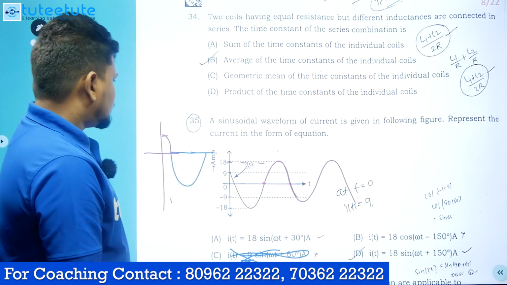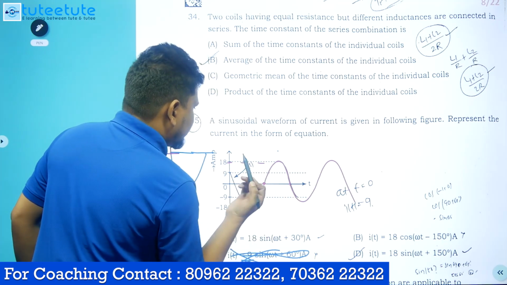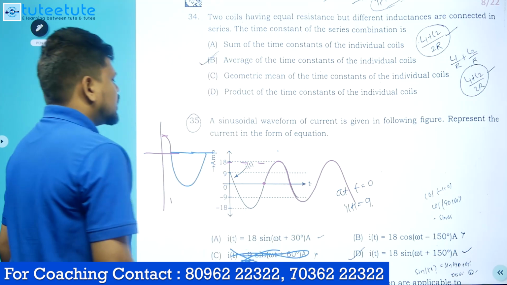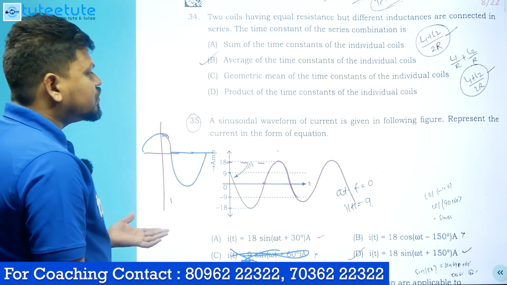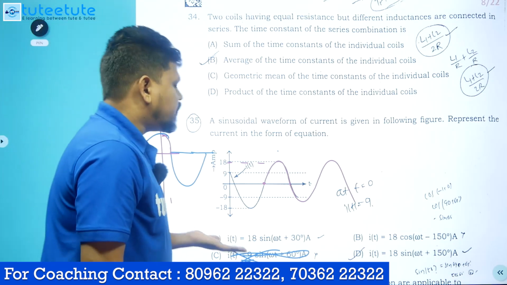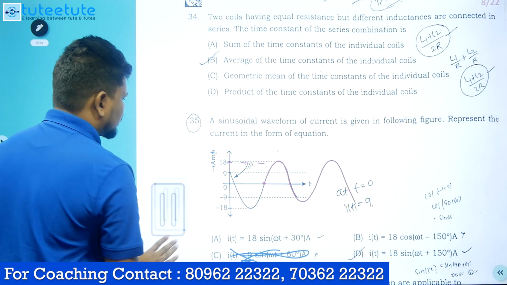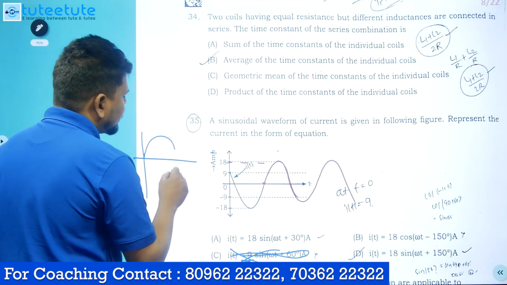So we have to shift this one up to here. If you take the complete waveform, how much have we shifted? We have shifted more than 90 degrees directly. No need to check any of the parameters, directly we observe how much we have shifted.